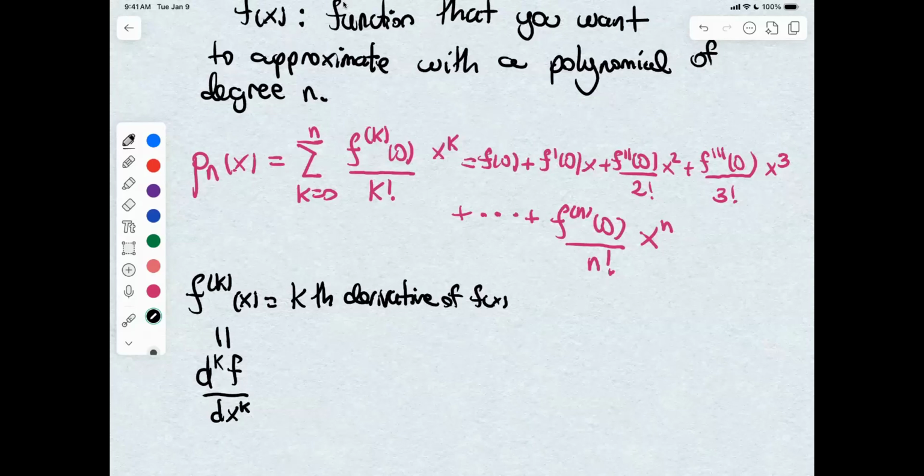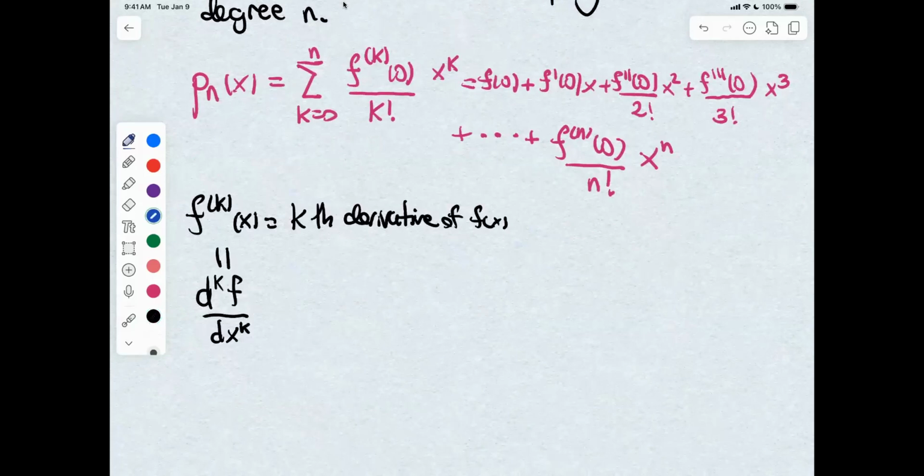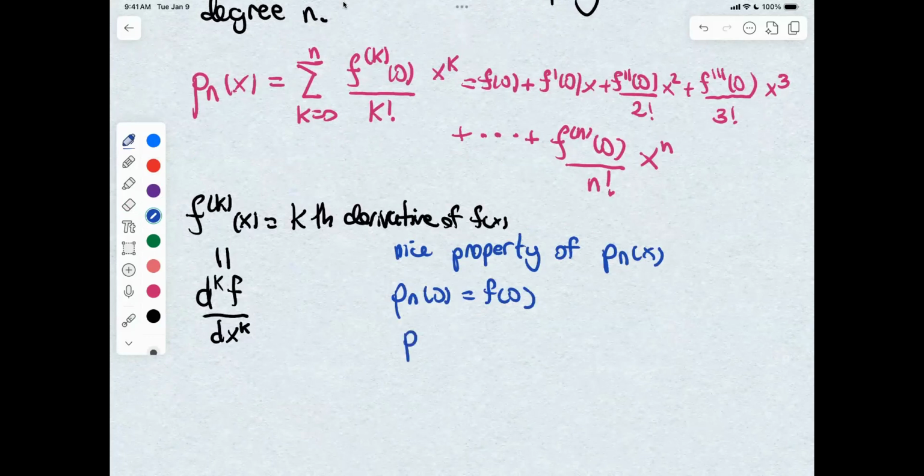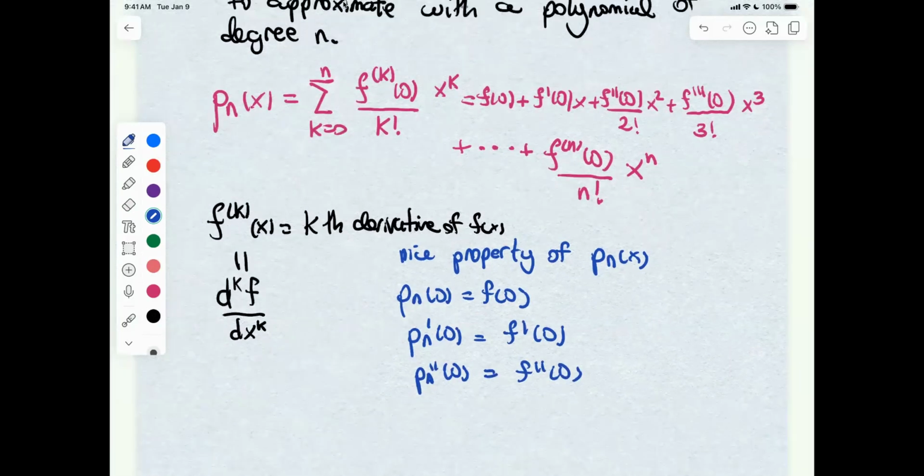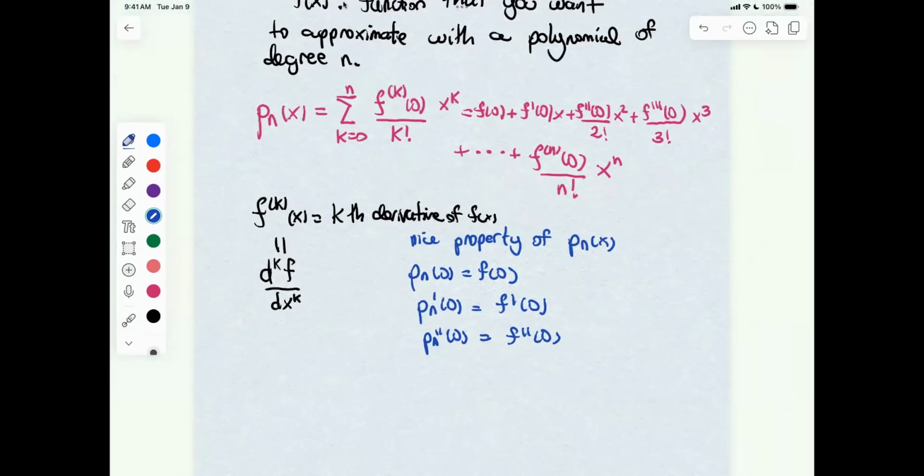So the nice property of this polynomial Pn is that the value at zero is the same as the value of the function at zero. The first derivative at the origin is the same as the first derivative of the function at the origin. The second derivative agrees too; it is constructed so that it agrees with the first derivative, the second derivative, the third derivative, up to the nth derivative.